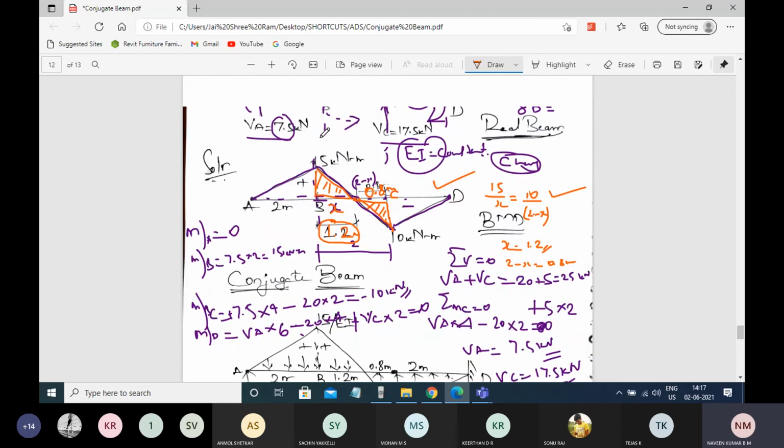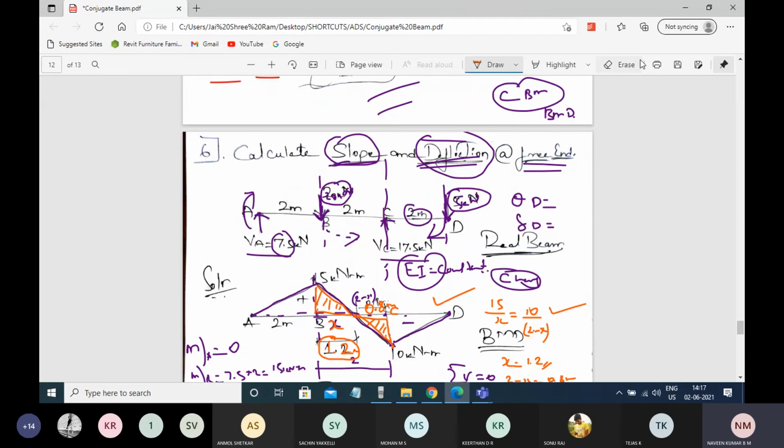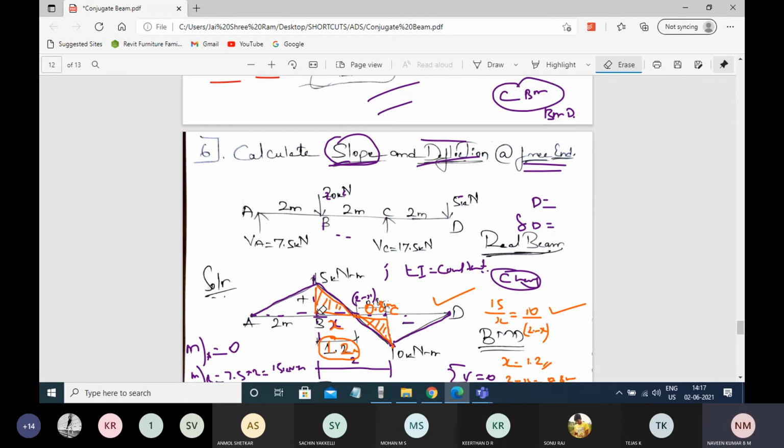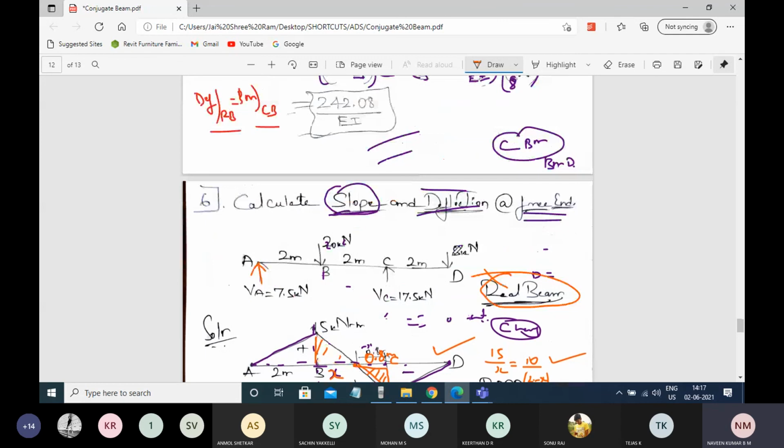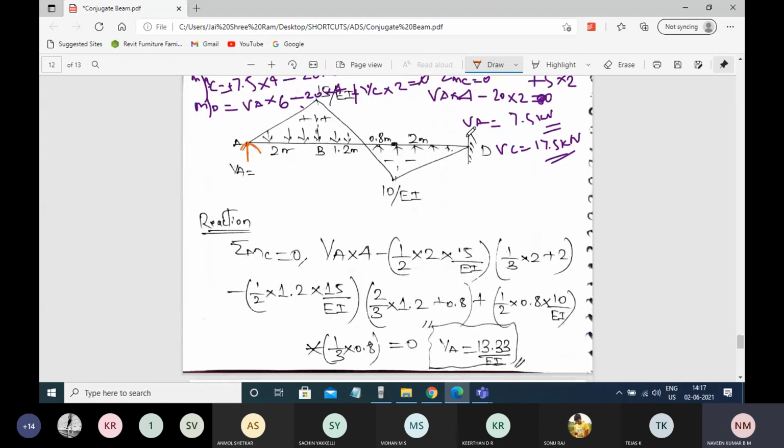So in case of this real beam, if you have a simple support, in the conjugate beam it is also a simple support. Where the real beam has a free end, the conjugate beam has a fixed end.